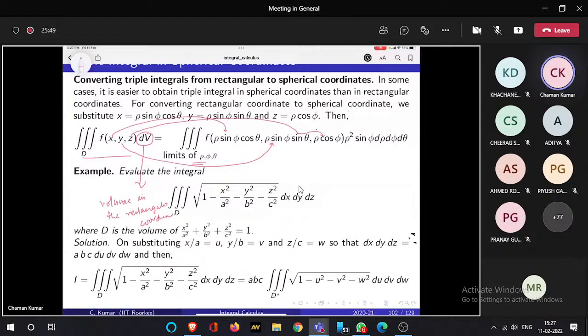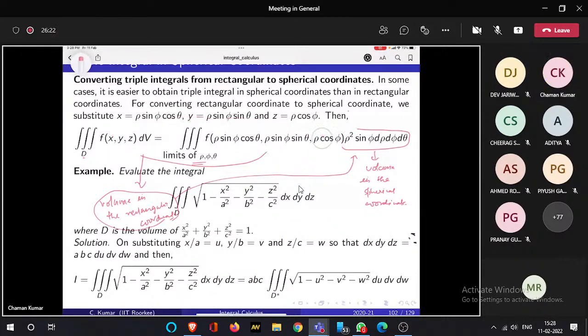So this we have to replace by the volume in the spherical coordinate, and the volume in the spherical coordinate is this one. So this is how you transform. Is it fine? Yes, sir.